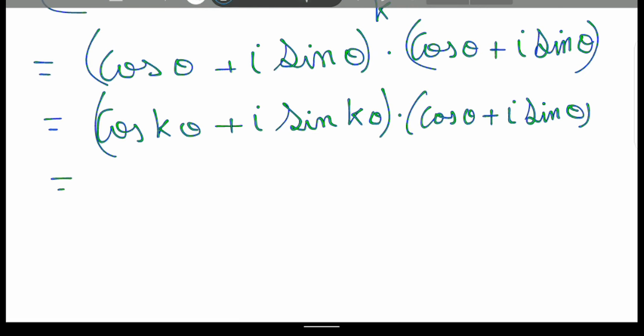Now these are just multiplication of complex numbers, which we can multiply. Let's apply the distributive law. Cos k theta into cos theta.